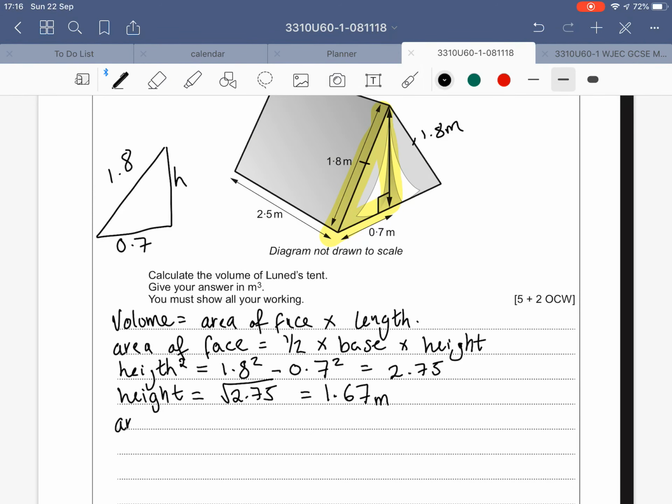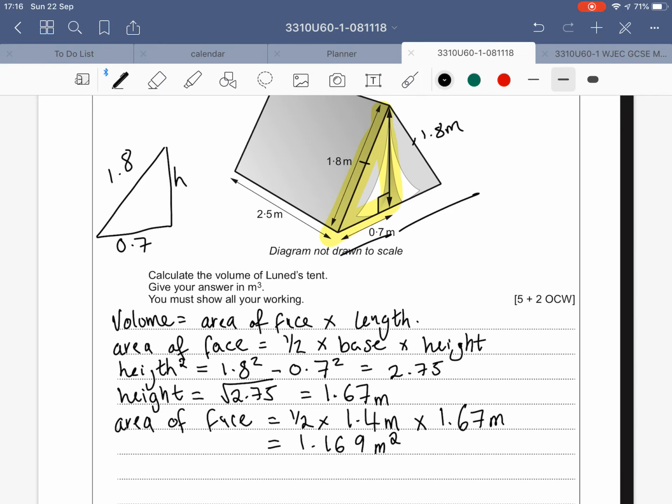So the area of the face is a half times the base, so that's 0.7 and another 0.7, so that's 1.4 meters, times the height, which we just worked out was 1.67 meters. So the area of the face is 1.169 meters squared.